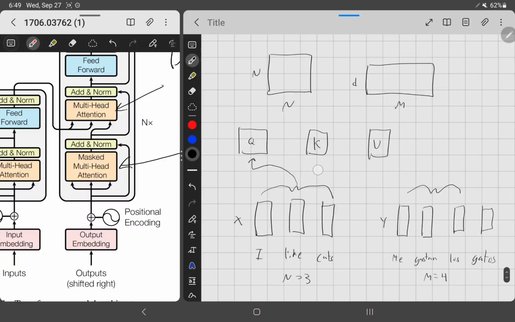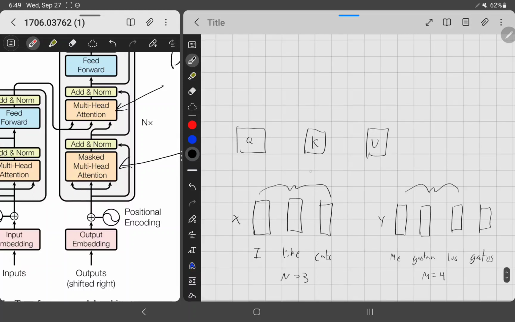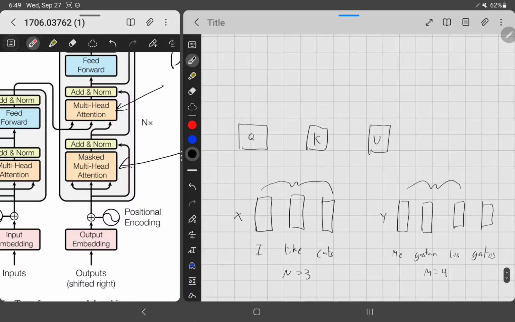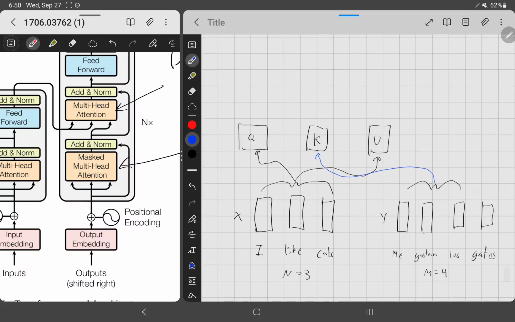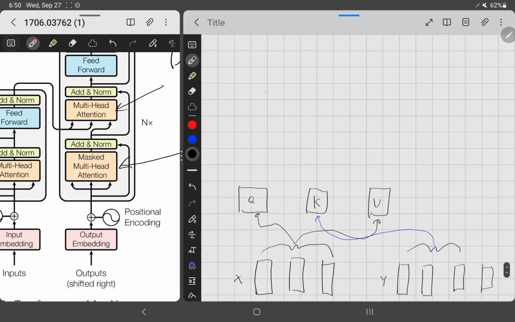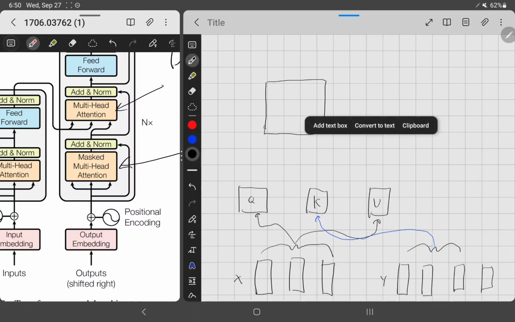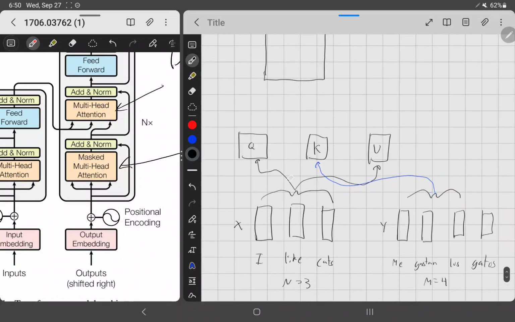What you can do though is mess with this equation a little bit. What you can do is make X be the queries, and have the input sequence be the keys and the values.